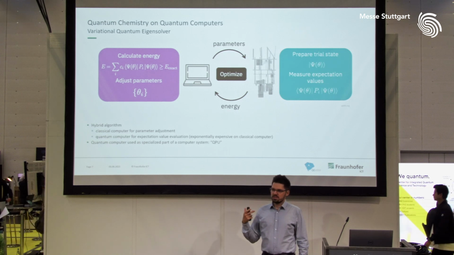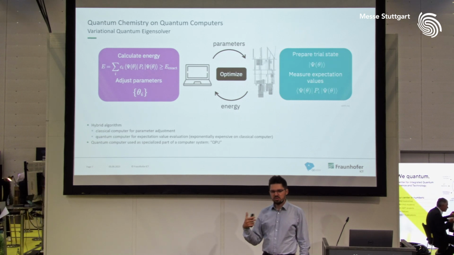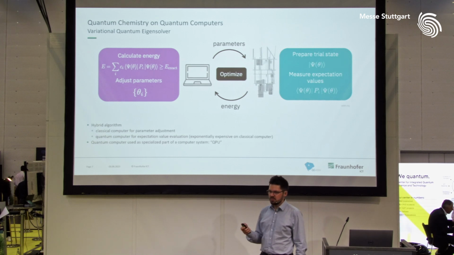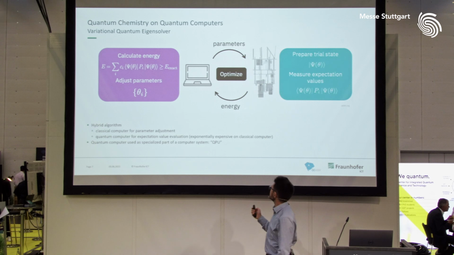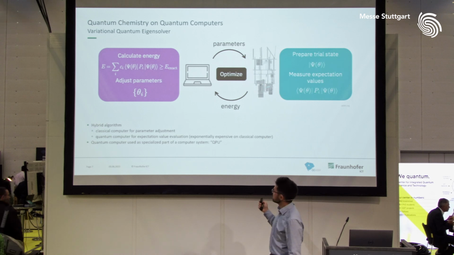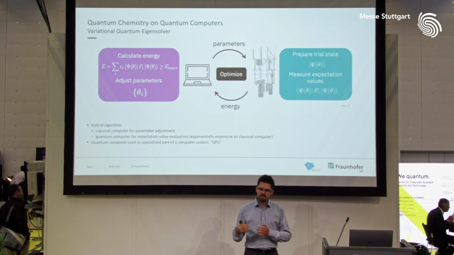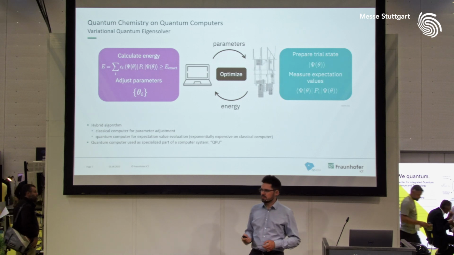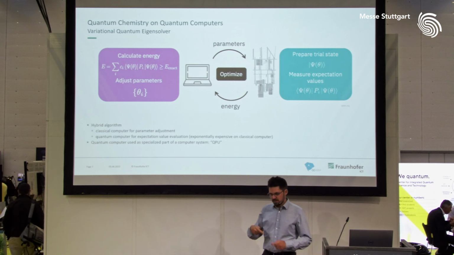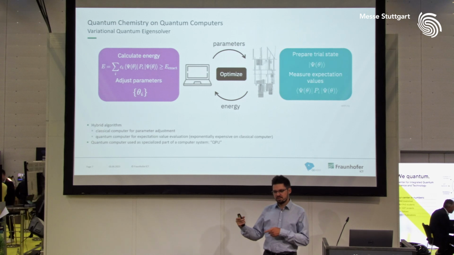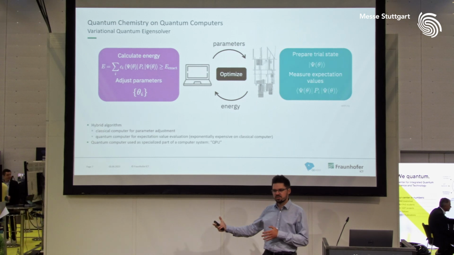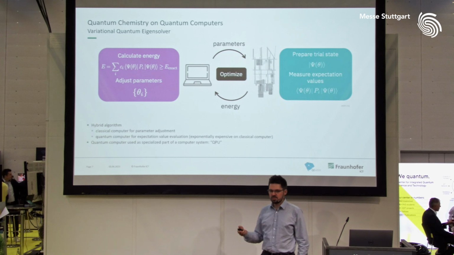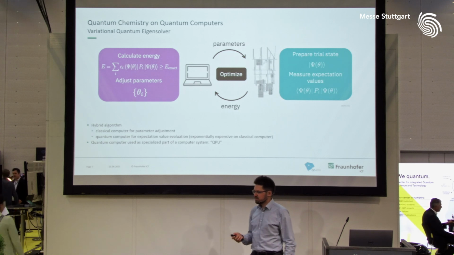So we use some parametrized circuits, and then evaluate the expectation value on the quantum computer on this side, and then try to find the best set of parameters on the classical computer, fetch that set of parameters again to the quantum computer, and with this loop we can iteratively go to the ground state of the system.